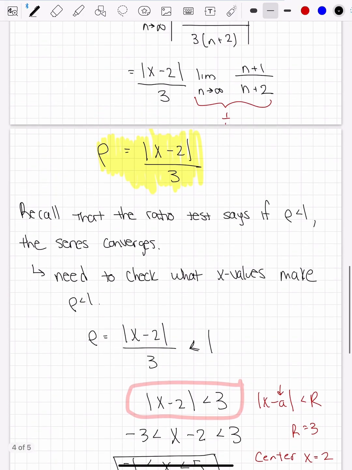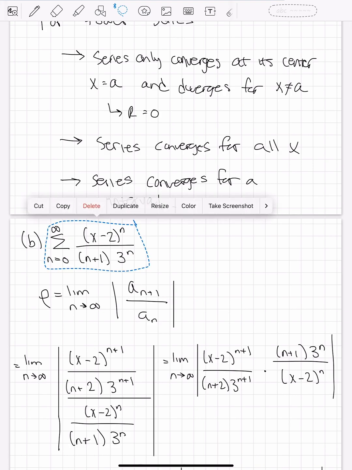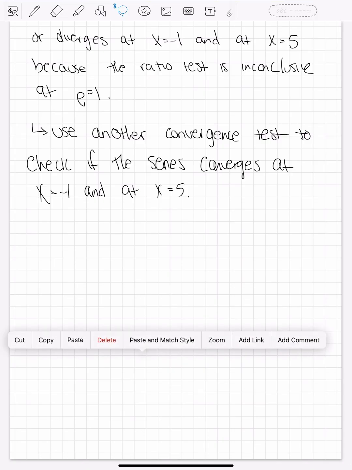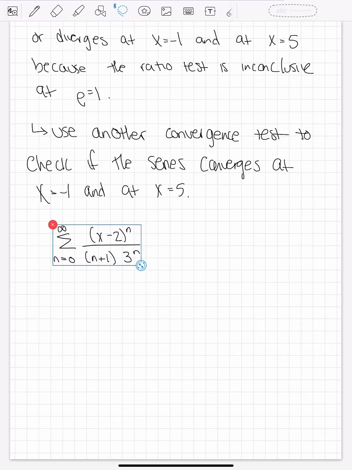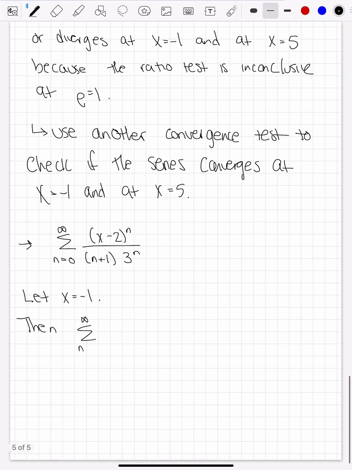So let's take our series, which was way up here, and plug in x equals -1. Then we would get the series, the sum from 0 to infinity, of (-1 minus 2) to the n all over (n plus 1) times 3^n.